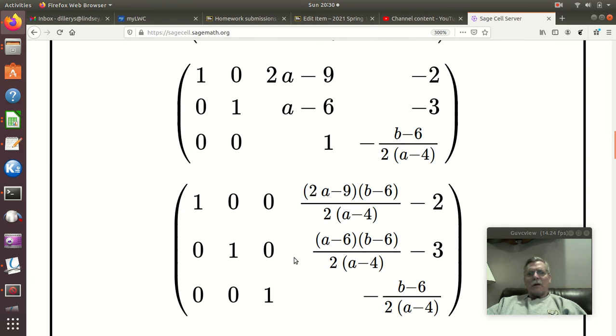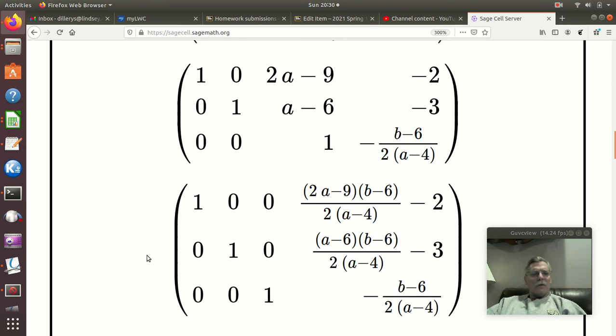And there we get our final solution, which is really something. And so there's our answer, is that x would be this quantity here, y would be this quantity, z would be this quantity.